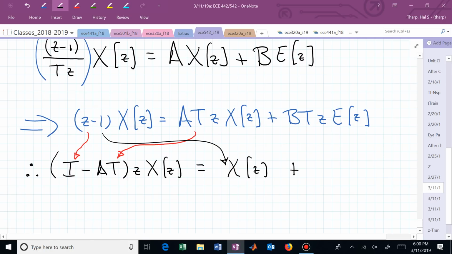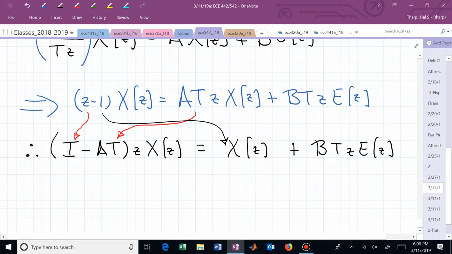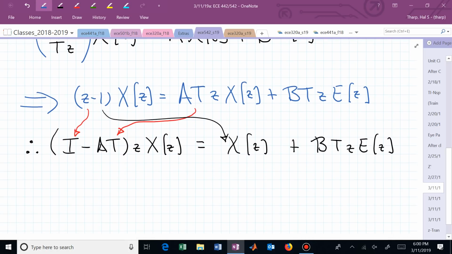And I have plus BTZ E of Z. If you don't like all of those arrows, erase them if they're confusing you. But now let's go back into the time domain. Those arrows are just to try to give you a feel for where those different pieces came from.